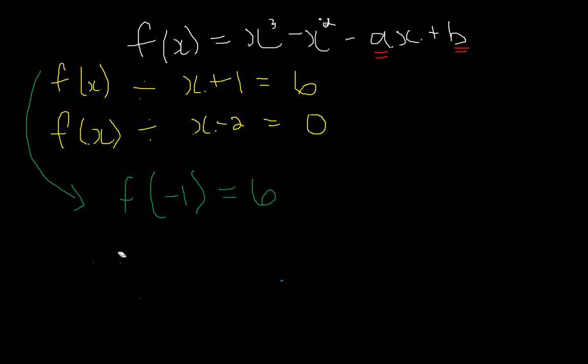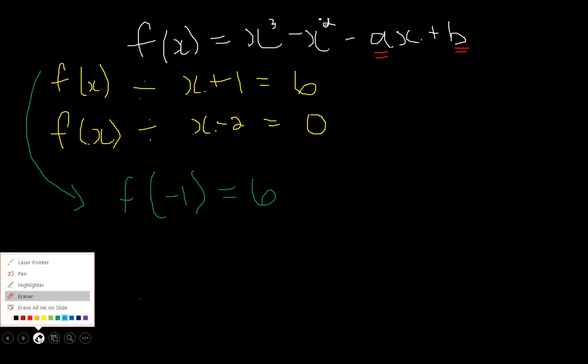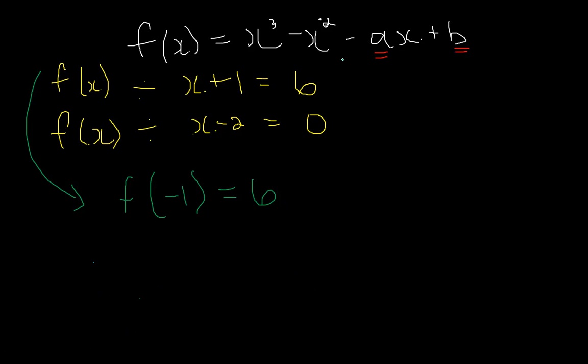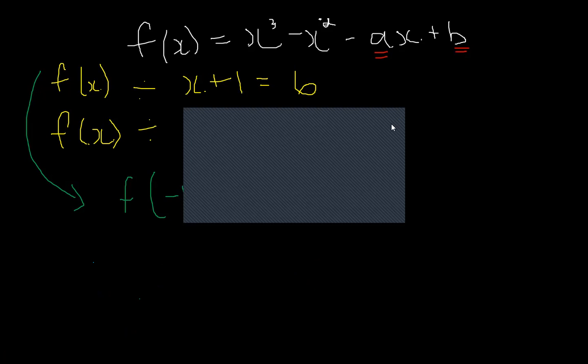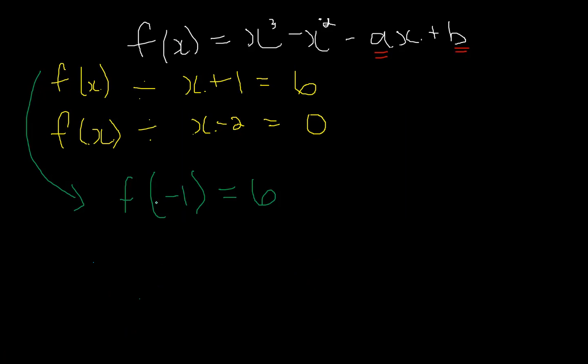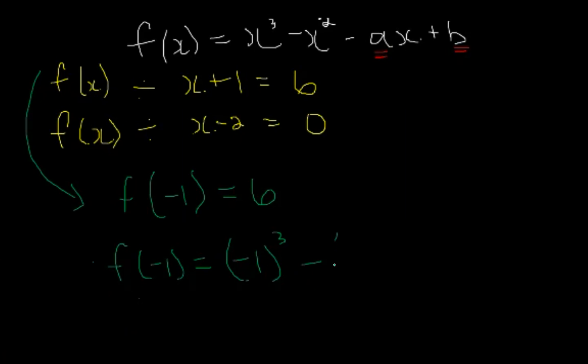Okay. So what is f of minus 1? Well, remember I told you, just substitute minus 1 into the function expression. So f of minus 1 is going to be equal to minus 1 cubed minus minus 1 squared minus a times minus 1 plus b.